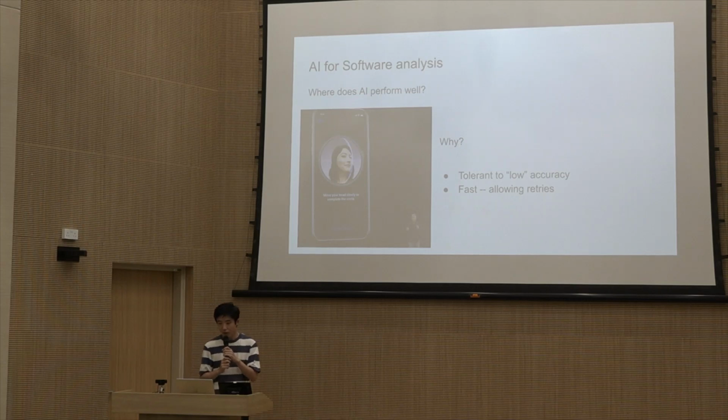So the 2 characteristics of this scenario are that it's tolerant to low accuracy and it's fast. It allows us to retry with the AI model. So this is where AI performs well.